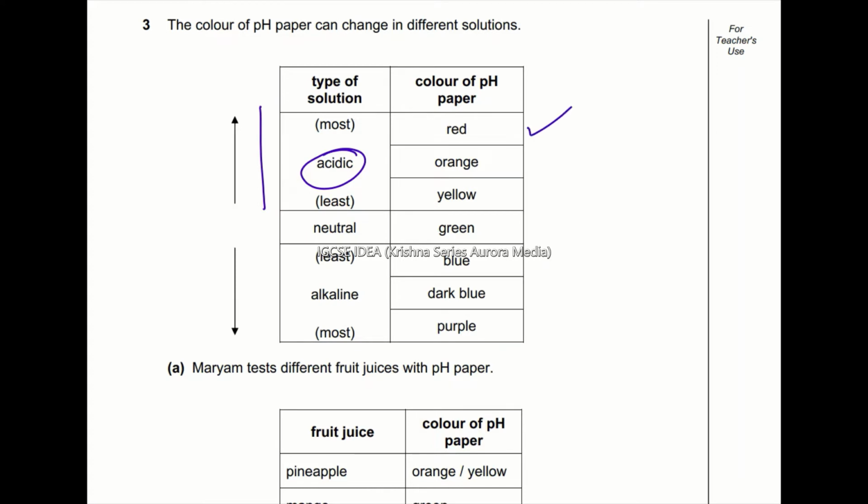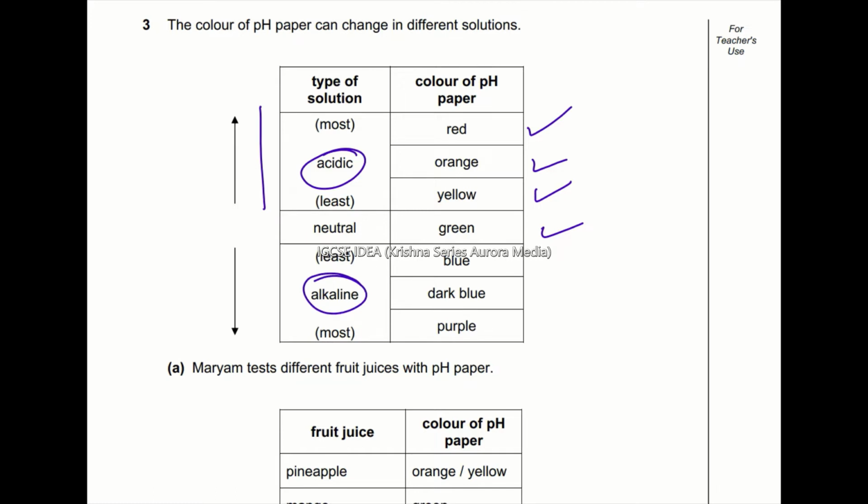If it's acidic, it's orange. If it's not very strong acidic, it's yellow. Neutral's green, like water.